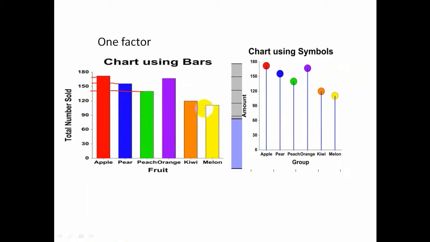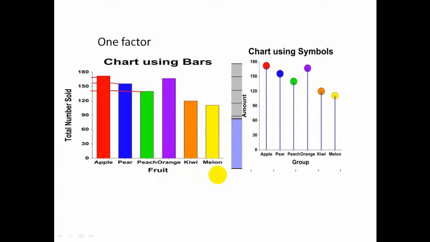So using symbols, we can use symbols like you see over here, symbol of circles: apple, pear, peach, orange, kiwi, and melon. First of all, use different colors if you want to represent the quantities by different colors. So we can use the colors, we can use the symbols.